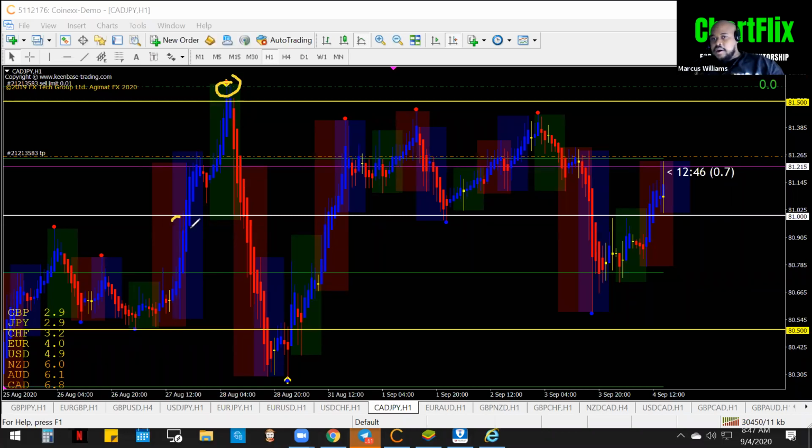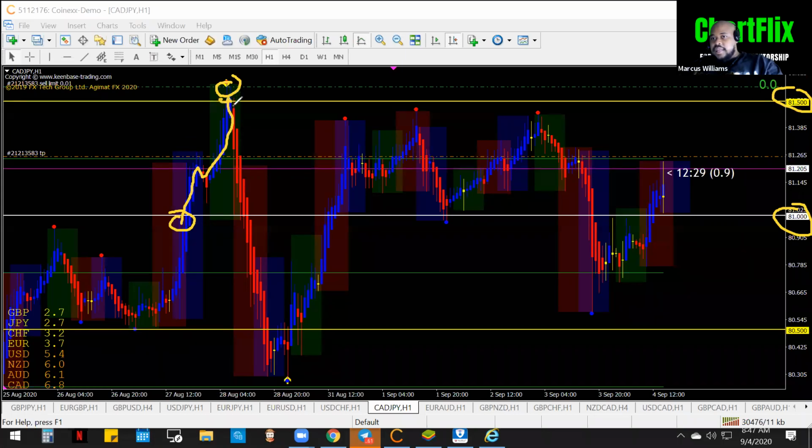Because right here at 8100, the market pushed up 50 pips, because this is a 50 pip line. That's 8100. This is 815. It pushed up to the 50 pip line, and then it dropped down.